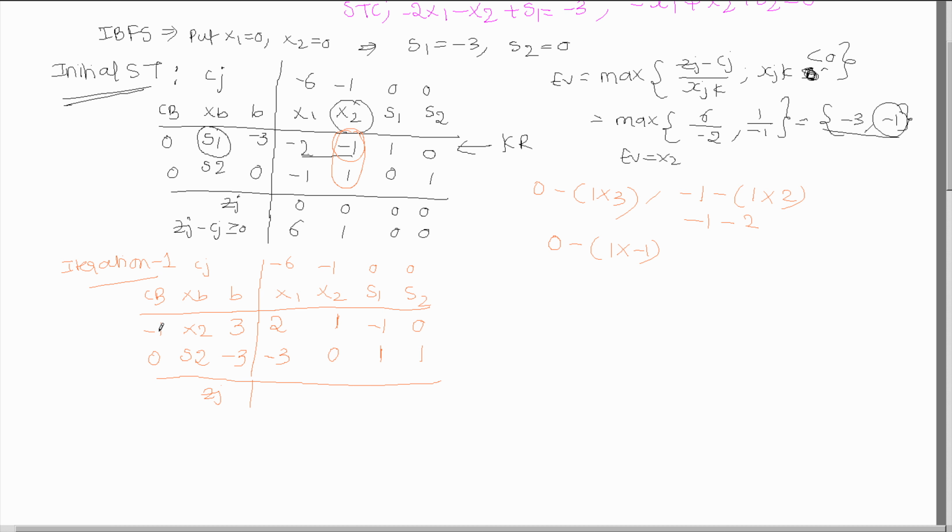Zj: minus 1 into 2, minus 2 plus 0 into minus 3, 0. So we have minus 2, minus 1 plus 1, 0.